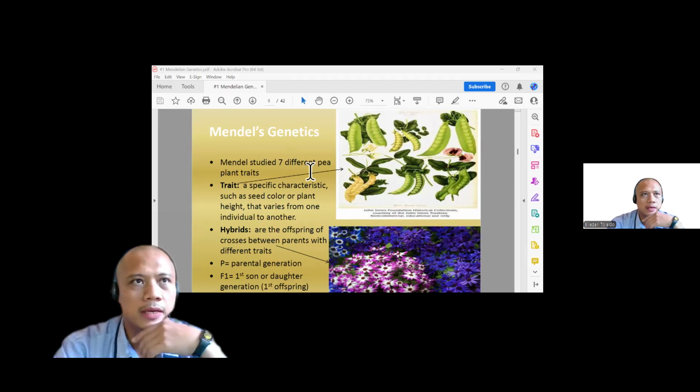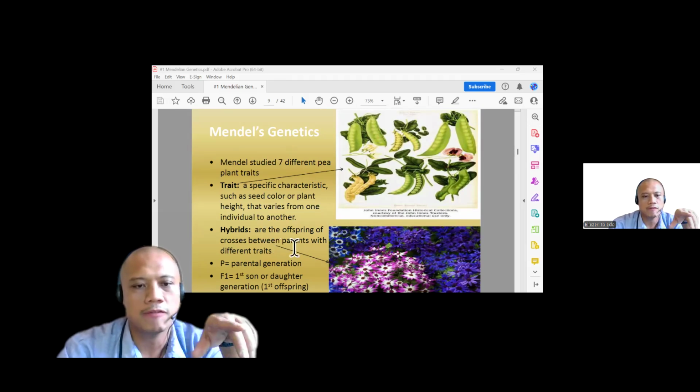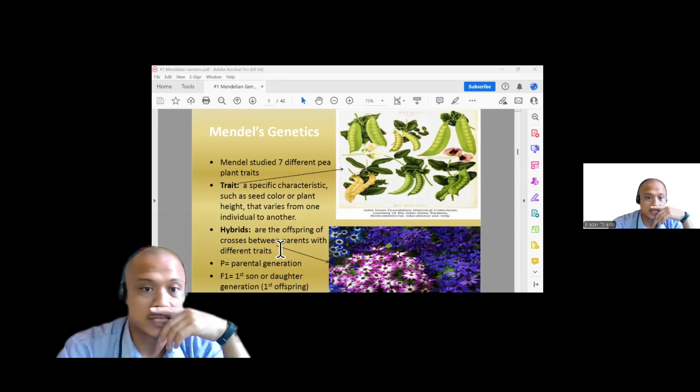There are seven, but we will not go through some of the traits that he's going to be doing. Okay, trait is a specific characteristic such as seed color or plant height that varies from one individual, one pea plant to another. Hybrids are the offspring of a cross between parents with different traits.